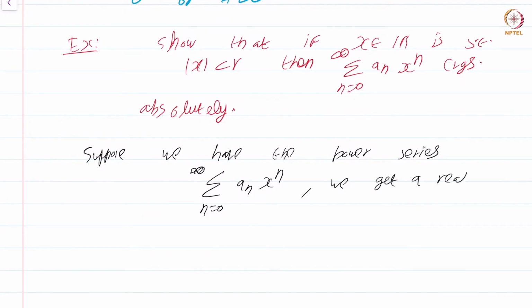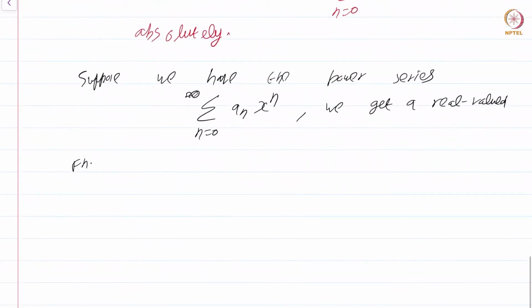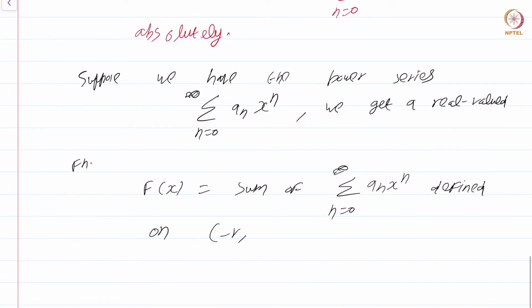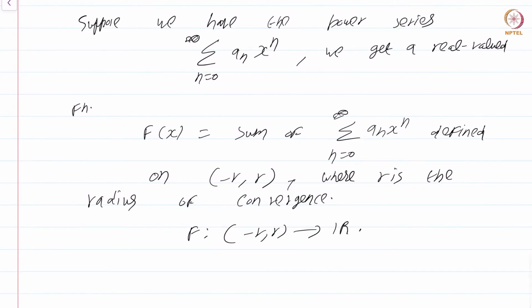We get a real valued function f of x, which is defined to be the sum, summation n equals 0 to infinity an x power n, defined on minus r to r, where r is the radius of convergence. Okay, so we end up with a function f from minus r to r to the real numbers.